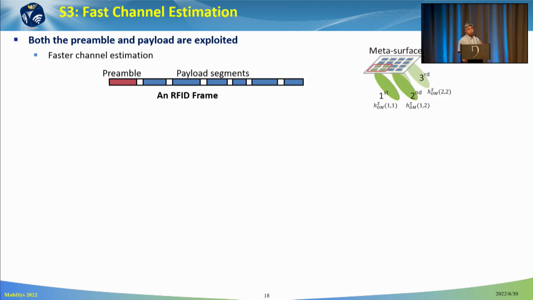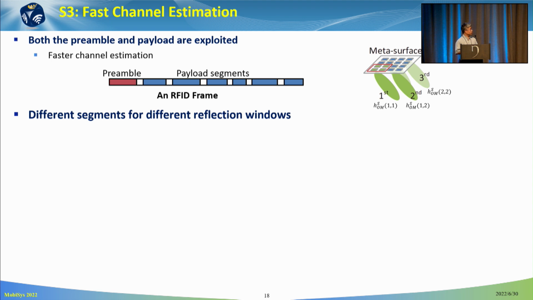So then the third challenge, we need to estimate the channel coefficient. Now the channel coefficient is only for the window, not for the element, okay? Because all the elements in the same window have been beamformed to the reader. We want to expedite the process of this channel estimation. That's why we use both the preamble and the actual information in the RFID frame for channel estimation.